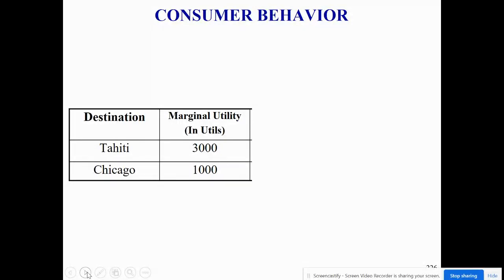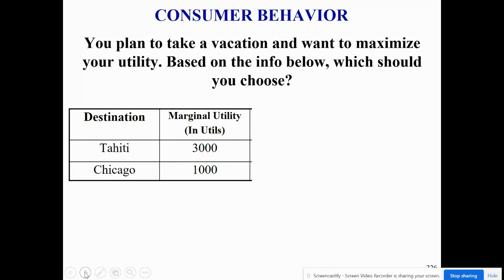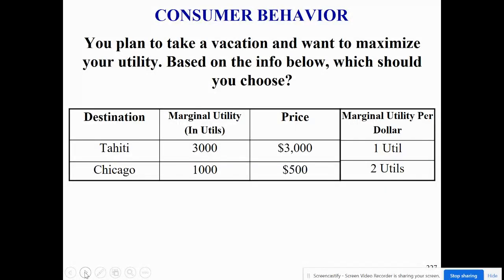Now let's take a look here at, once again, the behaviors. Going to Tahiti on a vacation gives us 3,000 utils of marginal satisfaction, and going to Chicago gives us a satisfaction of 1,000 utils. If you plan on going on vacation, you want to maximize based on which is most beneficial for you.